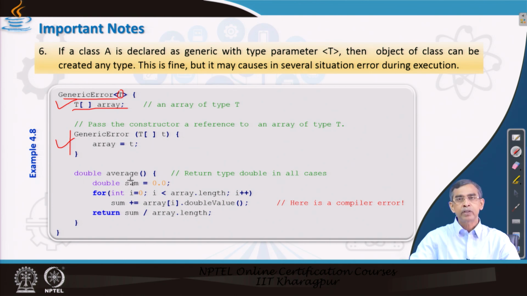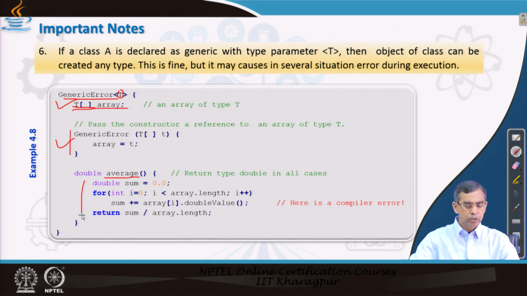Now, there is one method we have declared, the name of the method is average. The objective is that whatever values are stored in this array, this method will find the average of them.